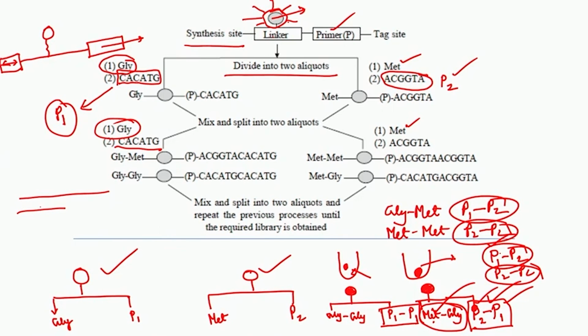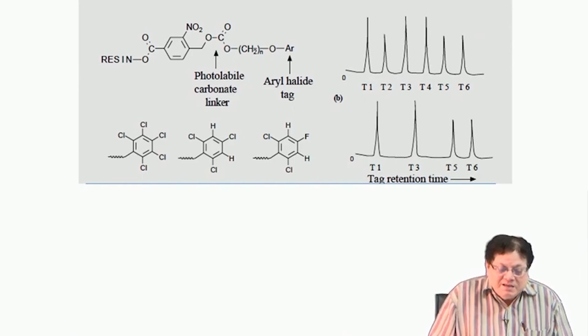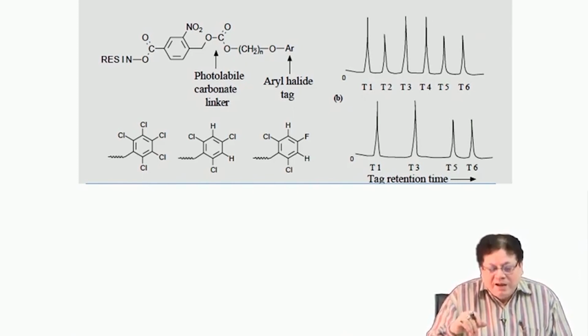Now there are different techniques. These tagging techniques are of various types. I will not go into very much detail, but I will show you another tagging technique. Instead of these nucleotide bases, you can have other types of tagging systems.